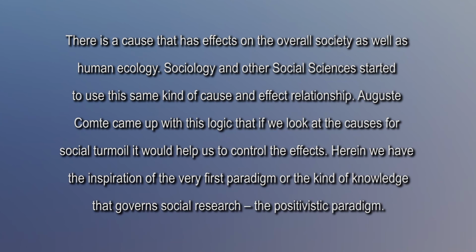Auguste Comte came up with this logic that if we look at the causes for social turmoil, it would help us control the effects. Herein we have the inspiration behind the very first paradigm, or the kind of knowledge that governs social research, the positivistic paradigm.